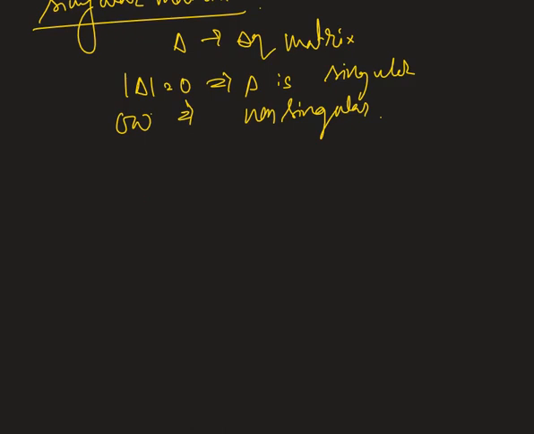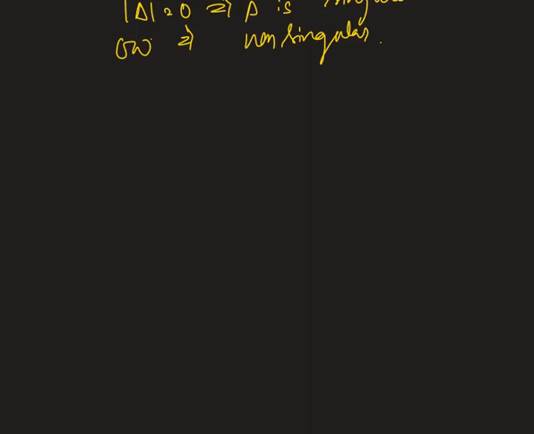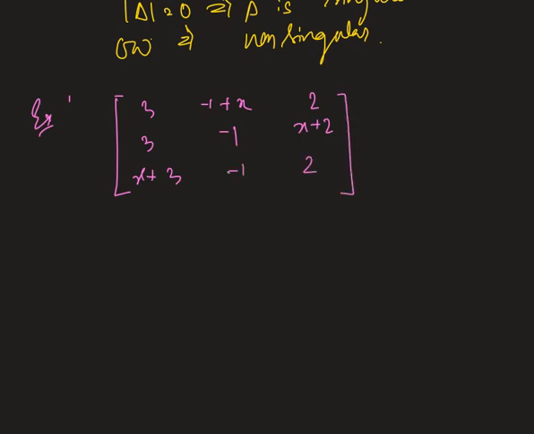Now we try to understand the concept of singularity with an example. Suppose we have a matrix with rows 3, minus 1 plus x, 2; 3, minus 1, x plus 2; and x plus 3, minus 1, 2.